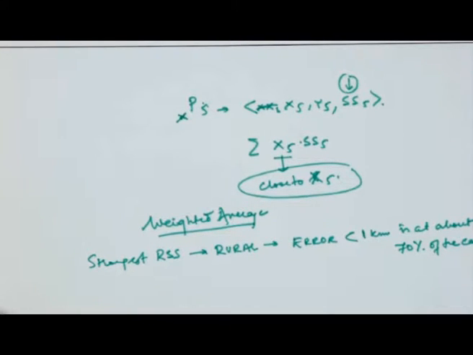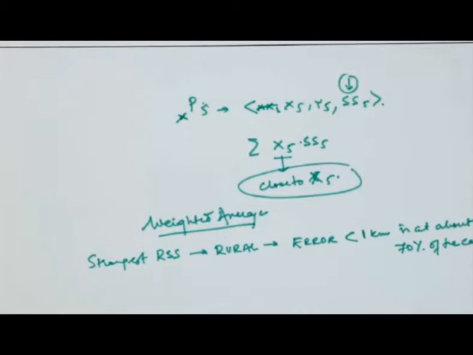If I think of 70% of cases in downtown, it will be around 6 kilometers, and in residential areas around 10 kilometers.